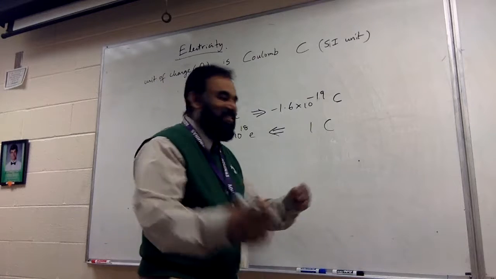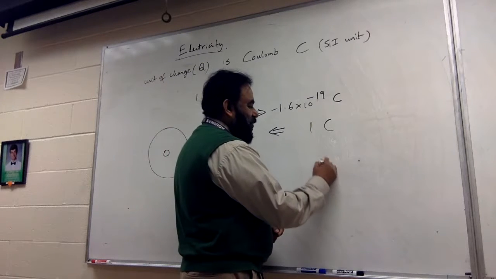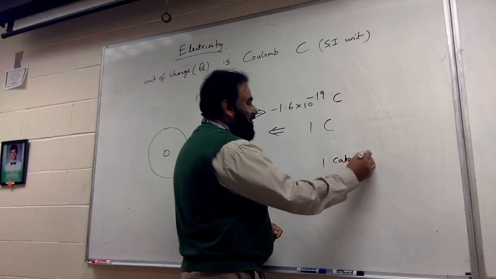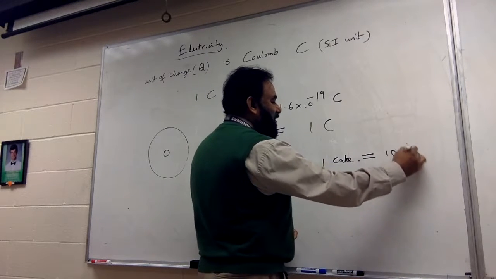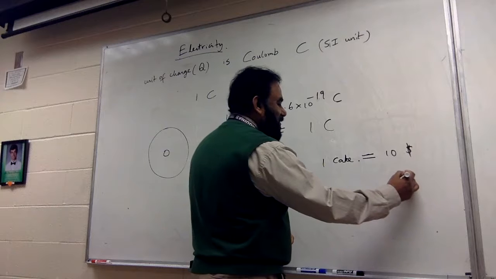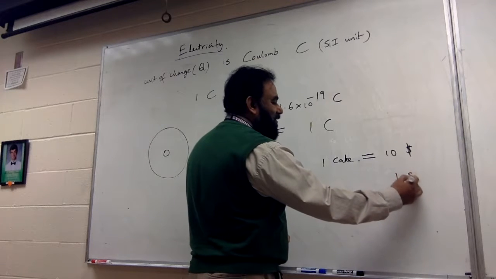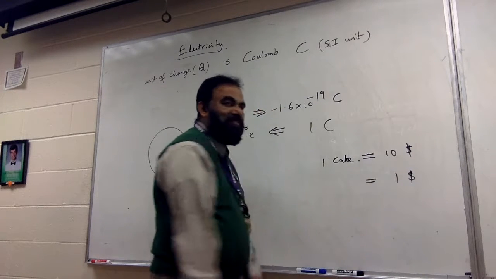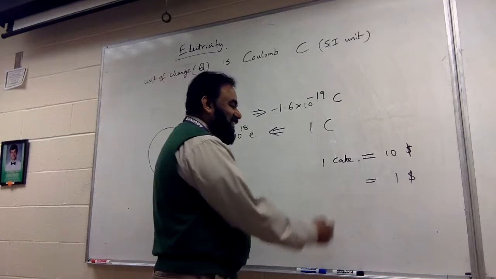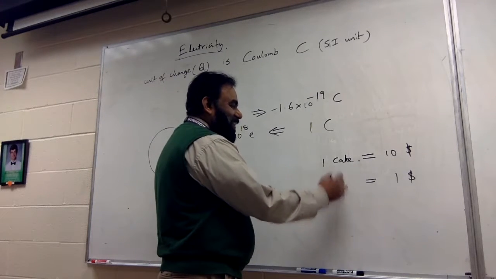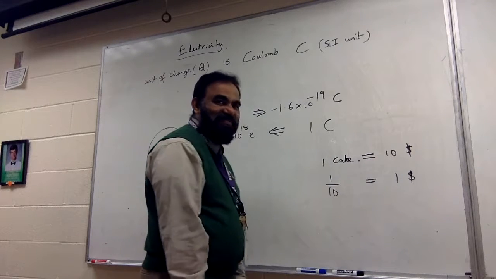Okay, I'll give you a simple example. One cake is $10. So for $1, how many cakes? 1 over 10.